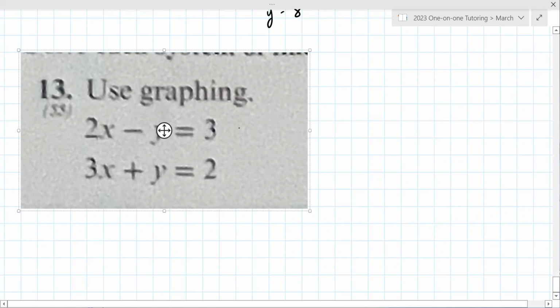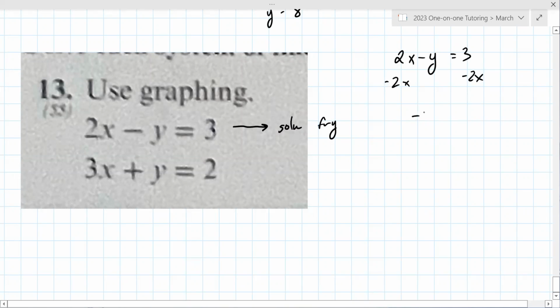I would solve it for y in both of these. So to do that, let's look at that first one there. 2x minus y equals 3. Subtract 2x from both sides. You have minus y equals minus 2x plus 3. And then you're going to divide by -1.